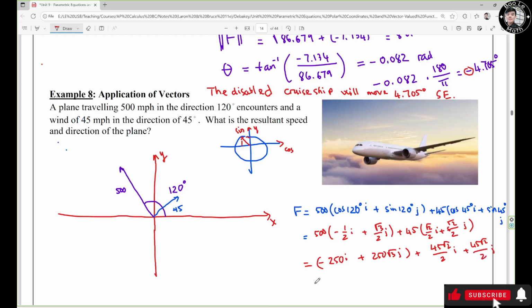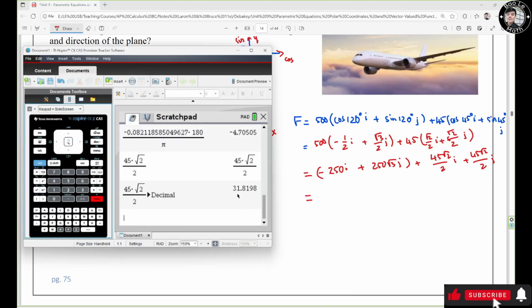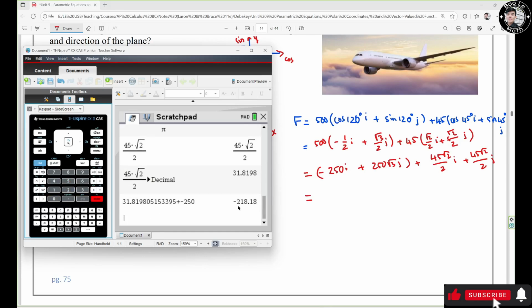Now I'm going to combine like terms. 45 root 2 over 2, I'm going to use the calculator. The answer is 31.819, right? And then I need to add negative 250. The answer is negative 218.18.